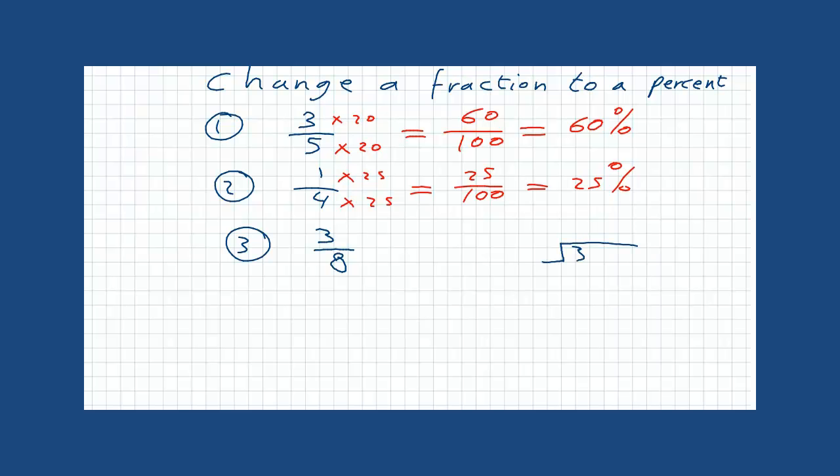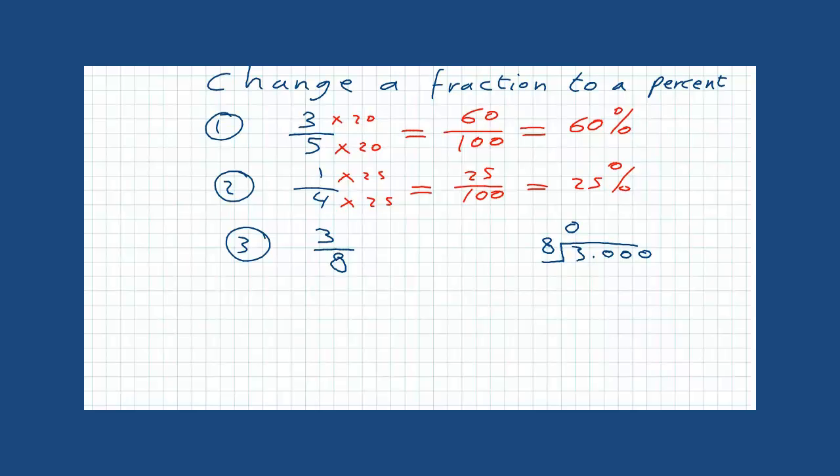If we divide 3 by 8, we need to put a decimal point with zeros to the right as much as we need. So now 3 divided by 8 is 0.